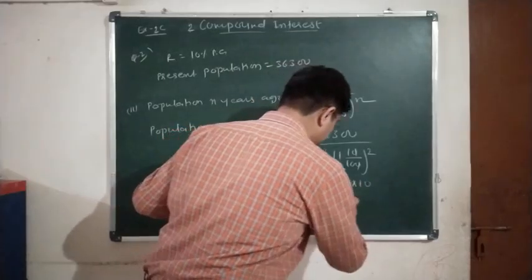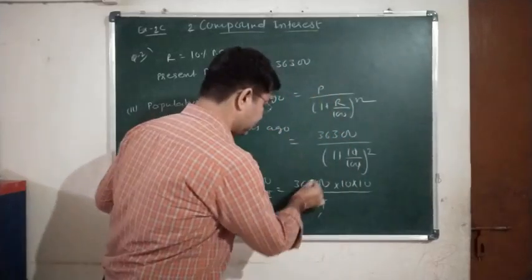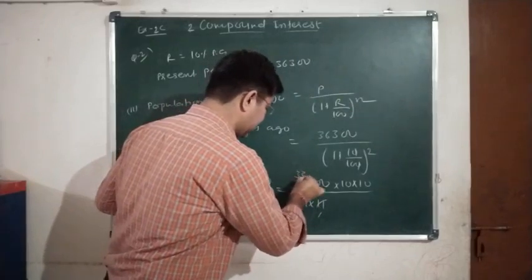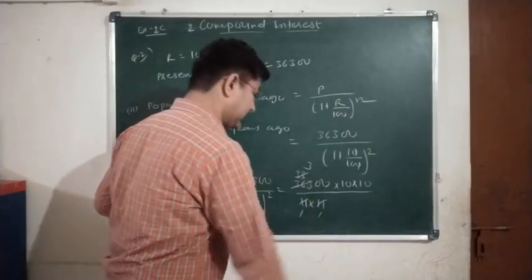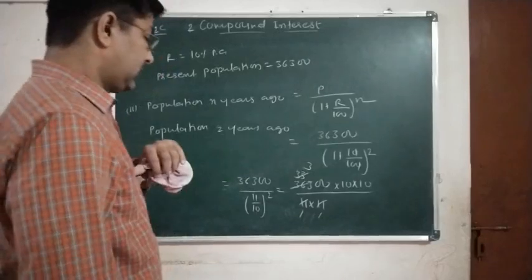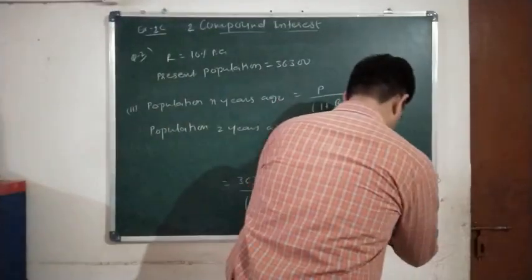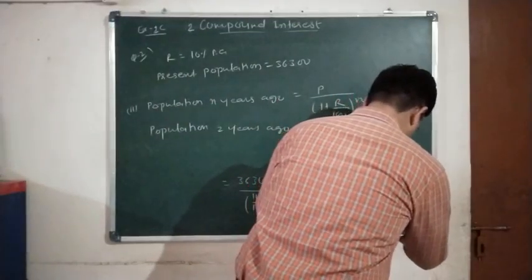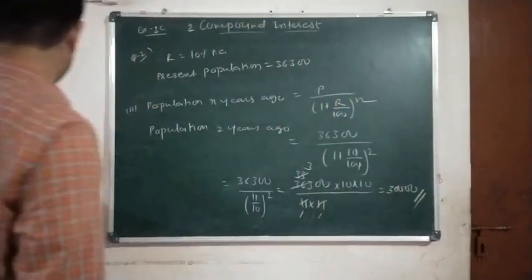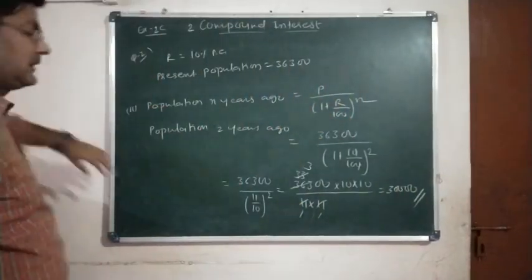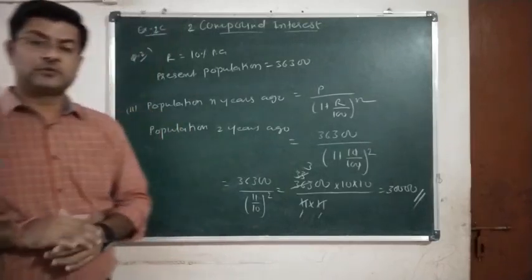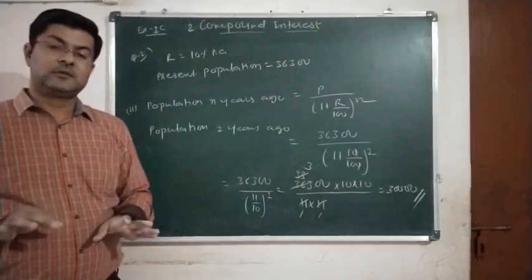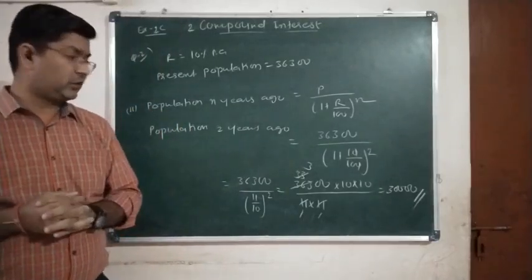This gives 30,000, which is the second answer, the population of the town 2 years ago. Clear? So this exercise is simple, you only have to use the formula.